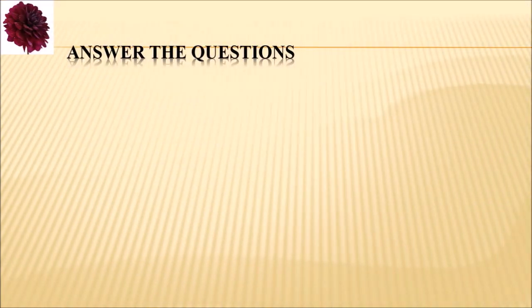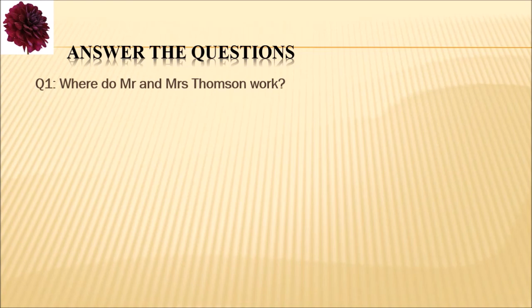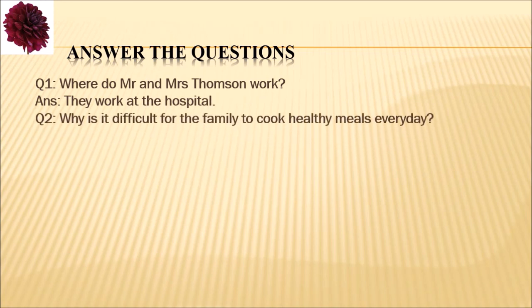Let's answer the questions. Question number 1. Where do Mr. and Mrs. Thompson work? They work at the hospital. Question number 2. Why is it difficult for the family to cook healthy meals every day?